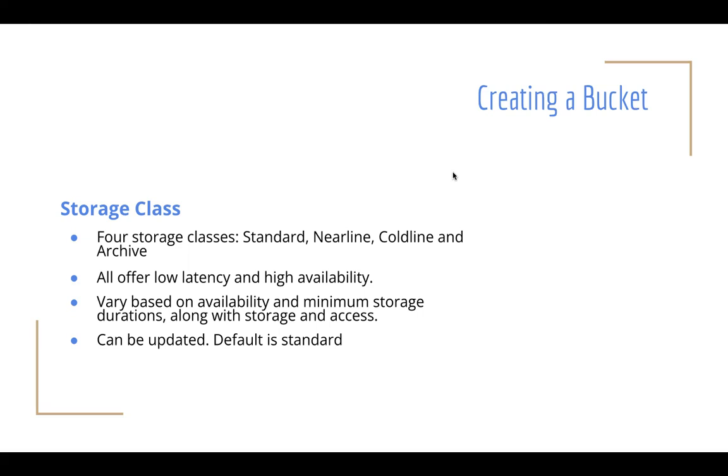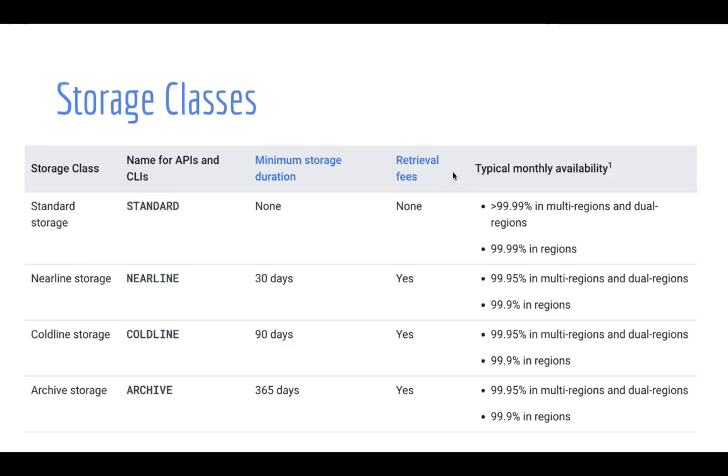So, like I said, there are 4 storage classes. The standard is used for storing data that is frequently accessed, data that you want to use every other time for short-term storage, right? It is usually called hot data, right?